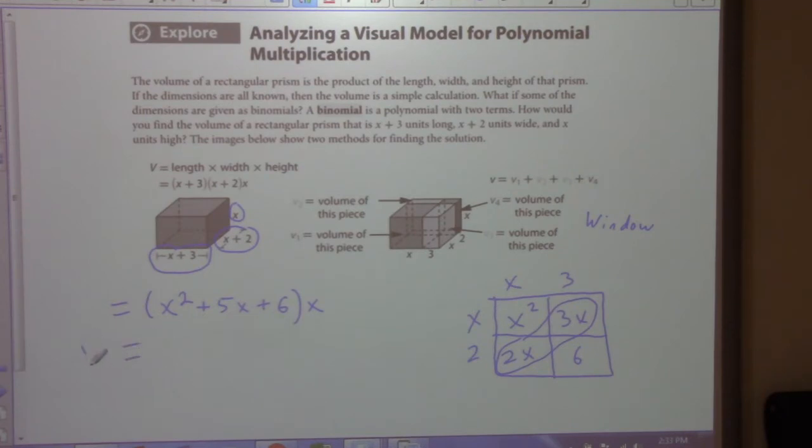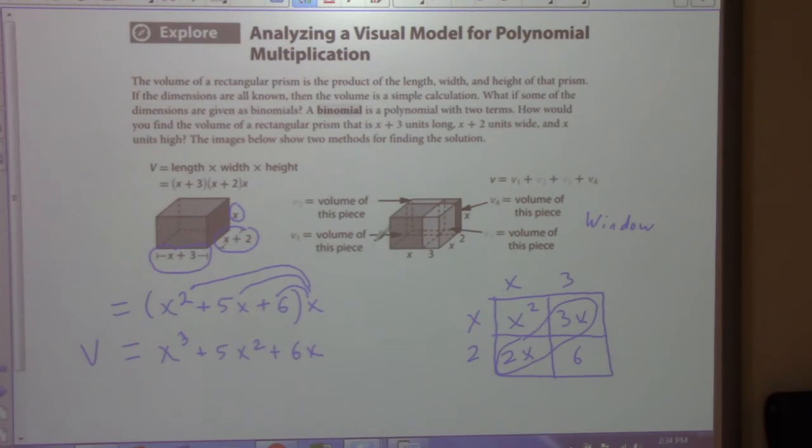The last thing we can do is distribute the x to all the terms inside parentheses and get x to the third power plus 5x squared plus 6x. Okay, how's that? Does that make sense to you? Pretty good, okay, good.